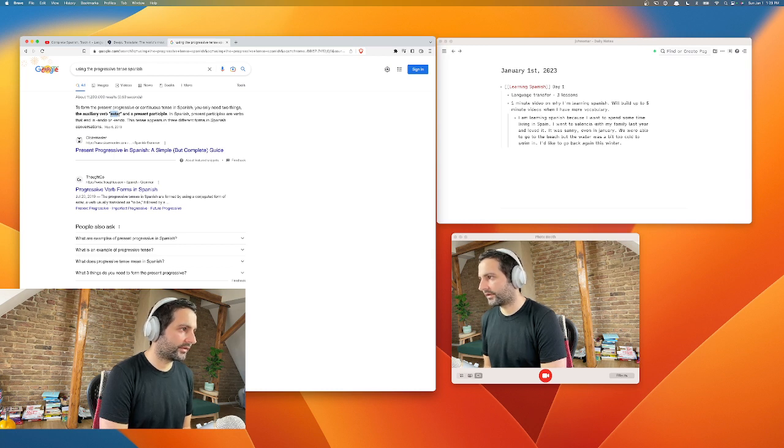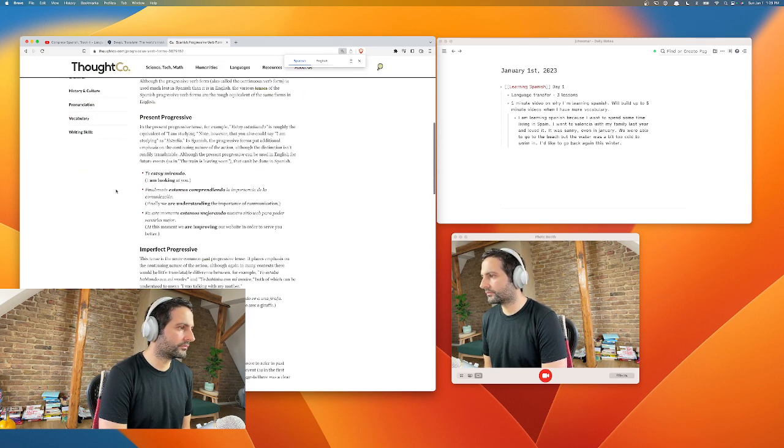Okay, yeah, so you need estar and the present participle. Present progressive is roughly equivalent to I am studying. You could also say in Spanish estudio. In Spanish, progressive forms put additional emphasis on the continuing nature of the action, although the distinction isn't readily translatable.